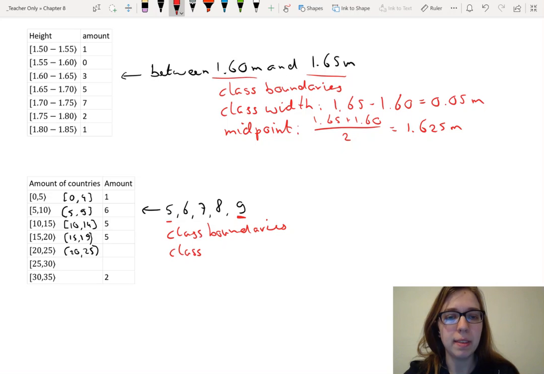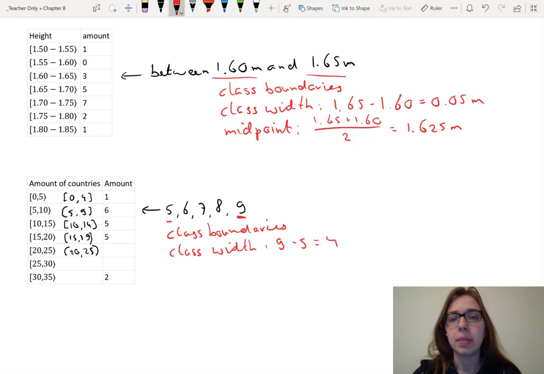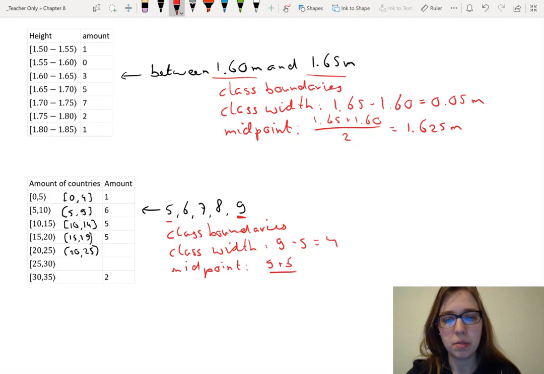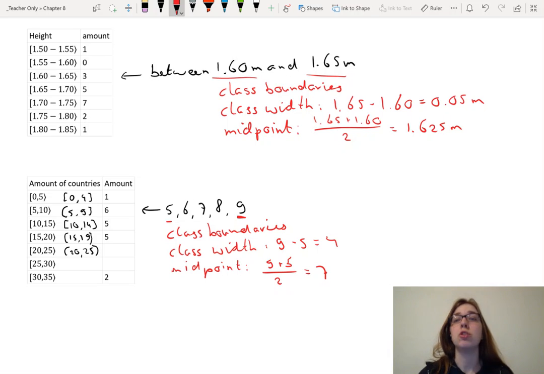My class width is the difference between 9 and 5, the difference between my class boundaries. So the class width is really only 4. And the midpoint then, in the same way, this time 9 plus 5 divided by 2, 14 divided by 2, my midpoint is 7 and not 7.5.